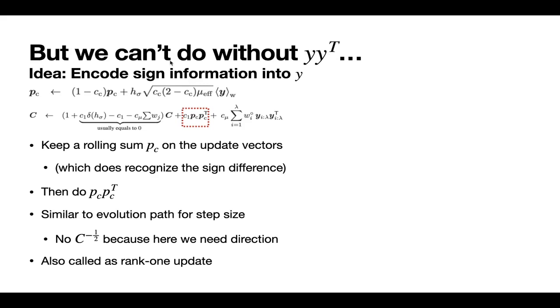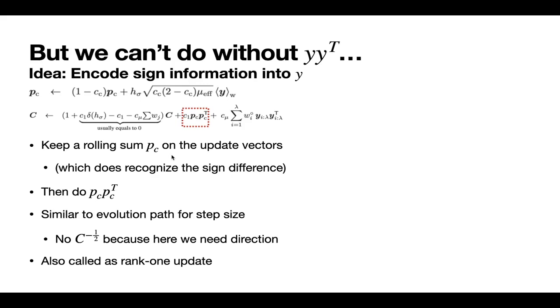One idea is that we can encode the sign information into the vector before we do the dot product square calculation on it. And the eventual implementation of the solution actually ends up again being a rolling sum of the update vectors. And because it's just a sum, it does recognize the sign difference.